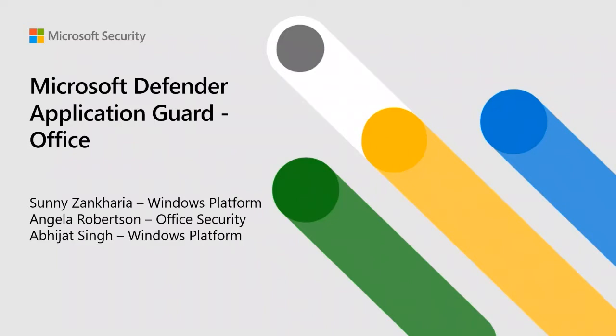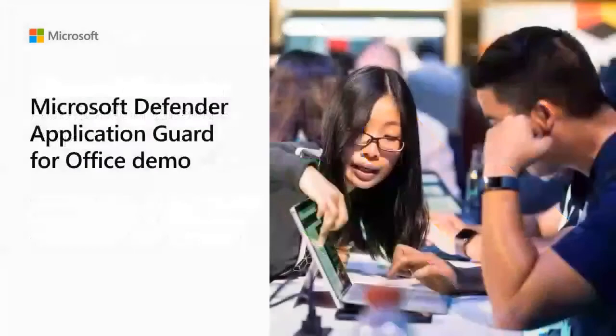Then we'll talk about the technology which powers Application Guard for Office, and what it takes to enable it, how seamlessly, and what the knobs are, so you can enable it and secure your end users. Feel free to ask any questions in the chat. The product team will be happy to respond to those. With that, let me start with a quick demo of Application Guard for Office.